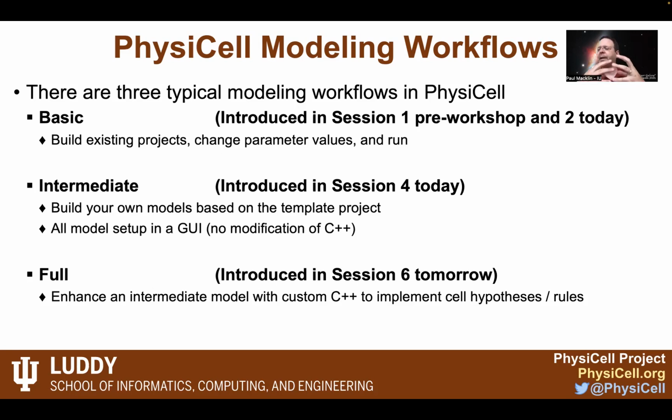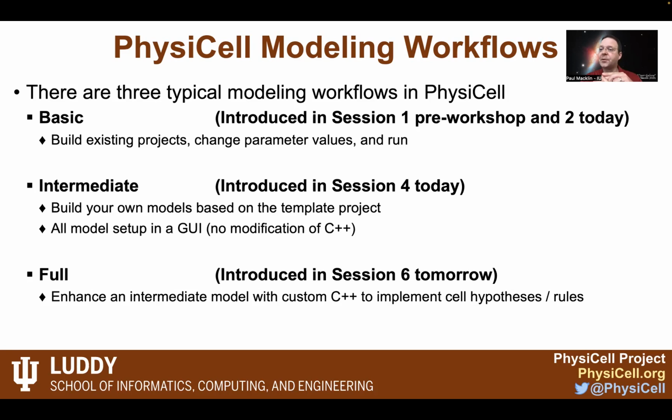That's the most basic workflow, which I think is already a great place to start if you're working in a team. Then later today, and by session 4 in particular, we'll introduce the intermediate workflow. You would start with a template project, compile and build that, so you're ready to go. Then we would go into the graphical model builder and start defining the key components of your simulation: the diffusible substrates, the different cell definitions and their default parameter values.